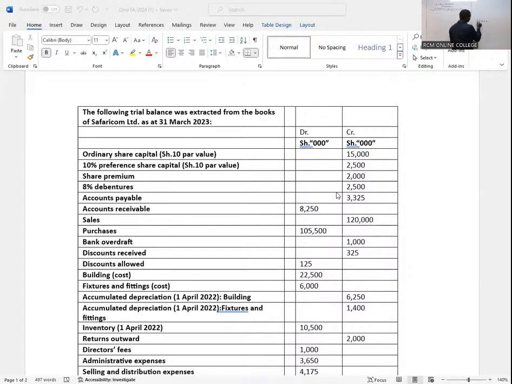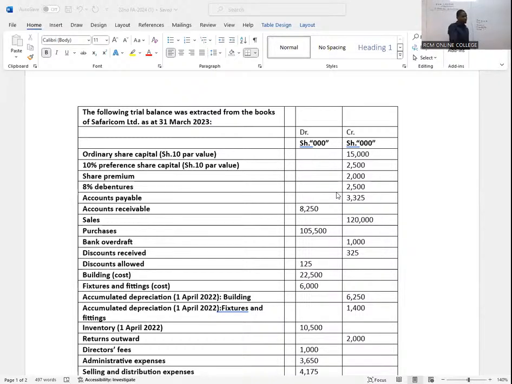Here we say that we have drawings, we have expenses, and we have assets. So all the drawings, all the expenses, and all the assets, they have a debit balance.